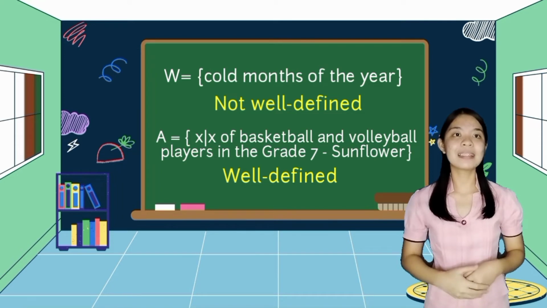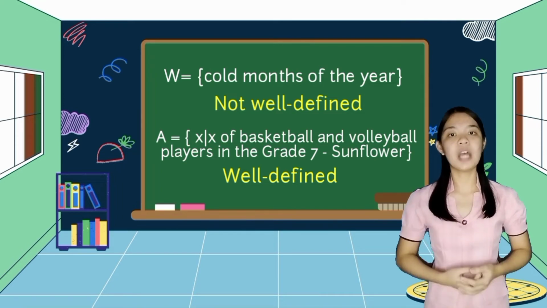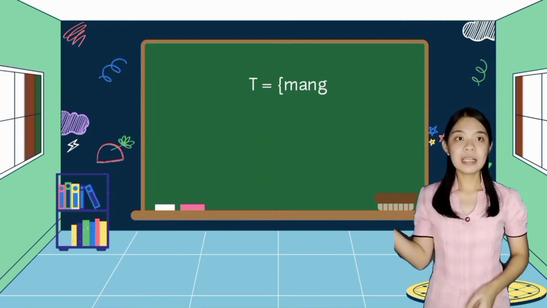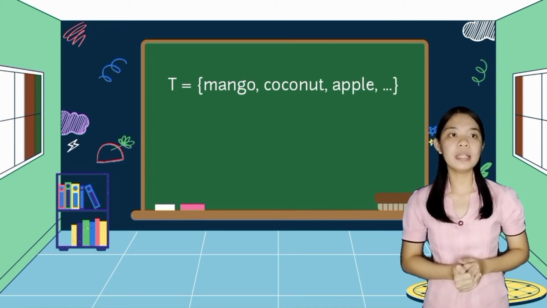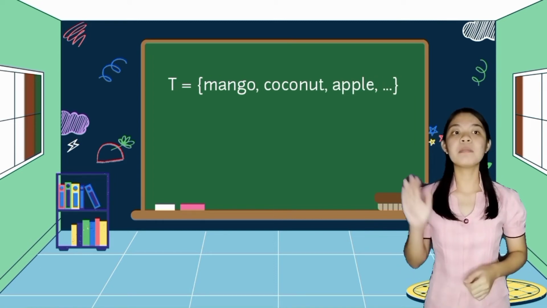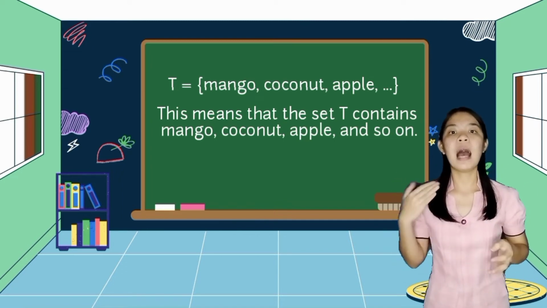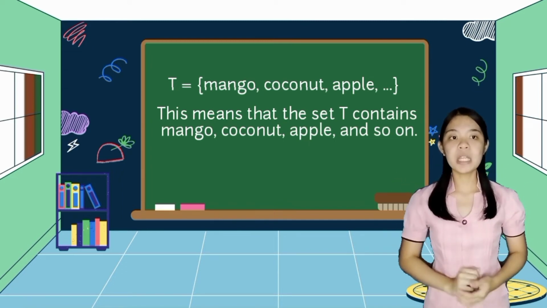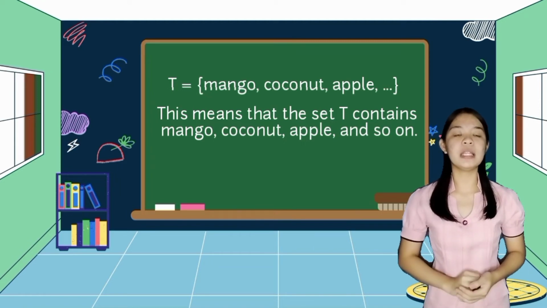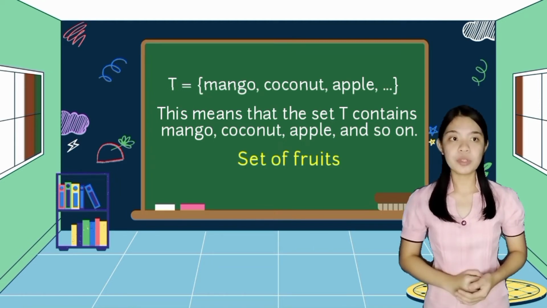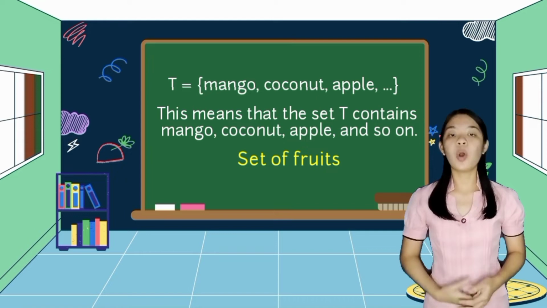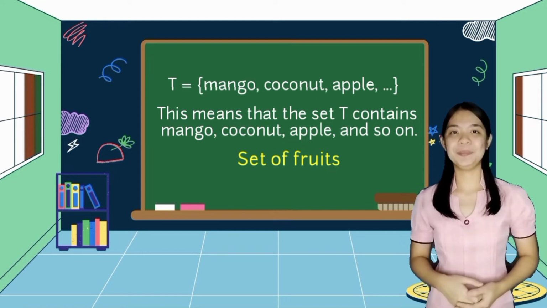So now let's have another example. T is equal to mango, coconut, and apple. This means that the set T contains the mango, coconut, apple, and so on. Meaning, all of the names in the set T are fruits, so it is a well-defined set.